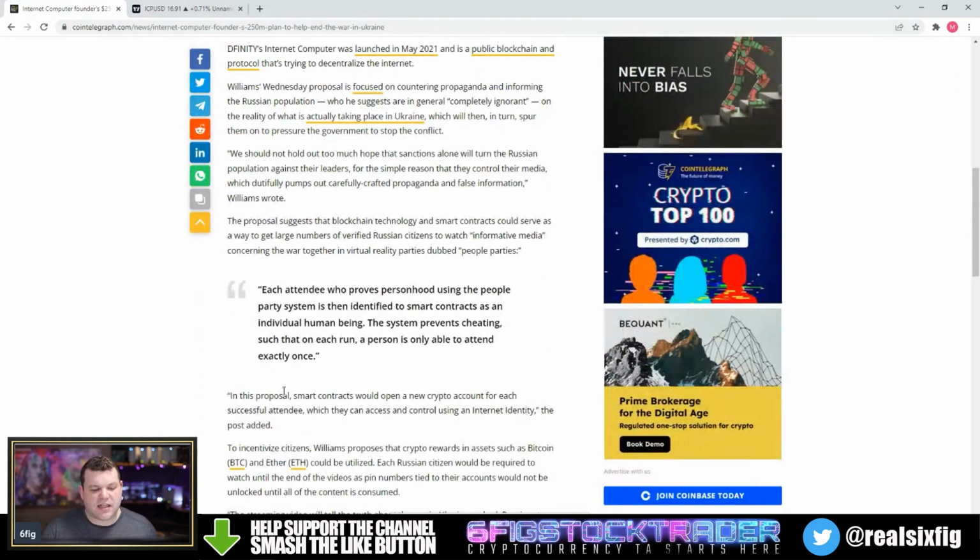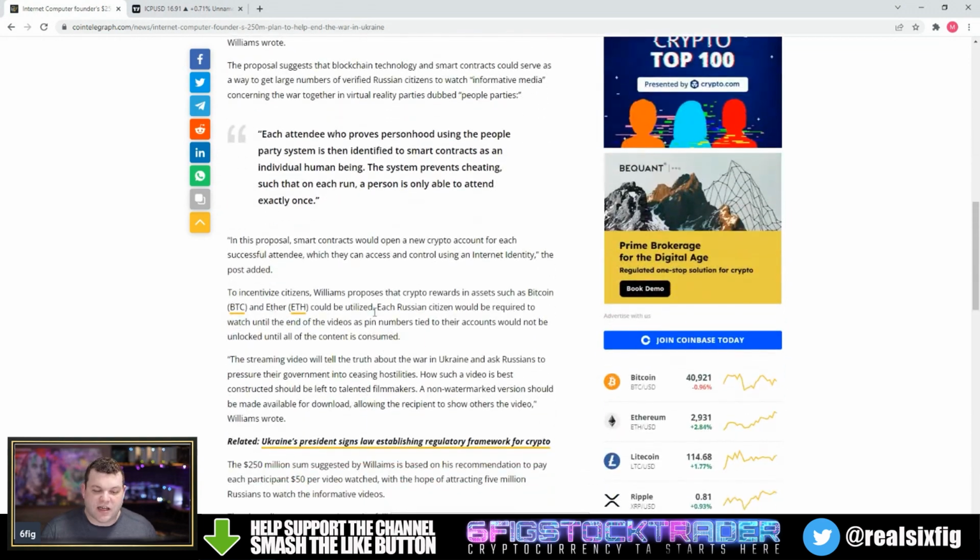So the way to incentivize the Russian citizens to consume this media is through watching videos and getting rewarded Bitcoin or Ethereum, possibly. It goes on to say each Russian citizen would be required to watch a news flash until the end of the videos, as PIN numbers tied to their accounts would not be unlocked until all the content is consumed.